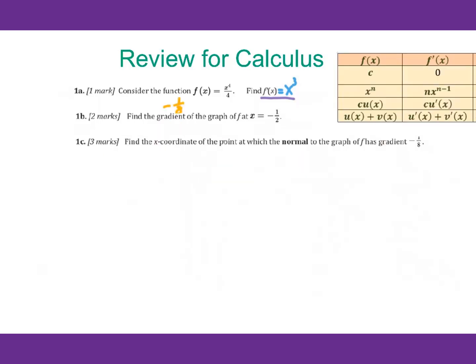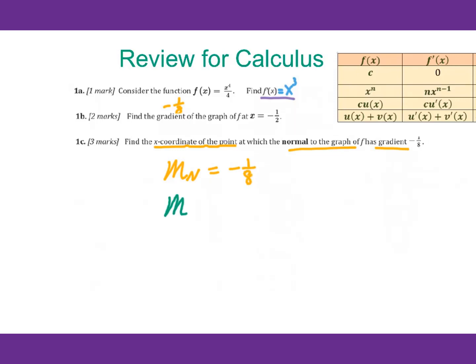For 1c, find the x-coordinate of the points at which the normal to the graph of f has a gradient negative 1 over 8. We're looking for the x-coordinate of the point. The normal has gradient negative 1 over 8, which means the slope of the normal line equals negative 1 over 8.